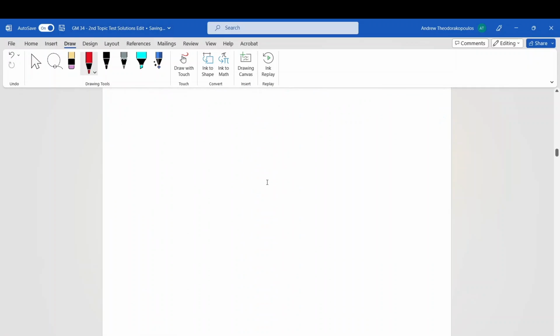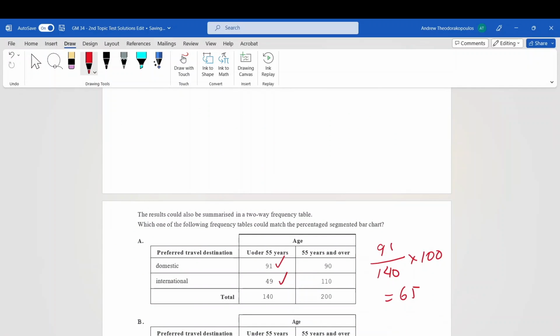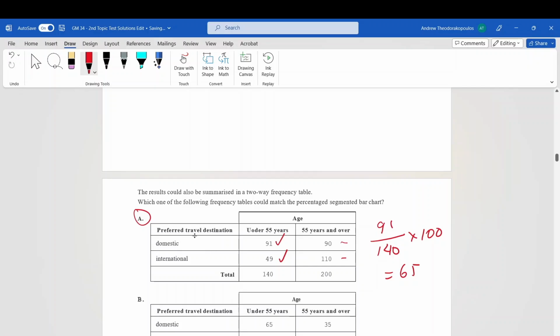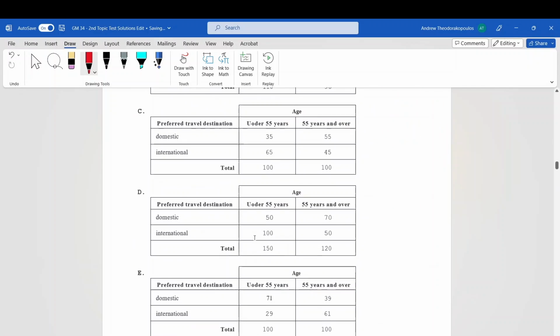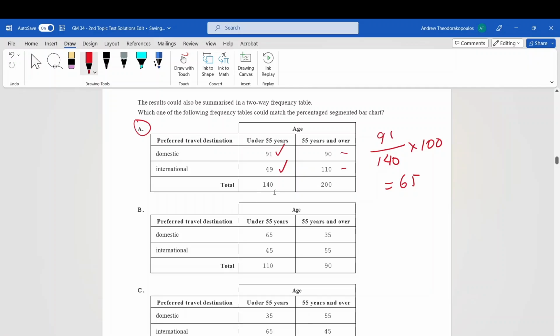So that one is correct. What you can then do is check this one, and hopefully you'll realize that A is the correct answer. Luckily for you, A is the first one. If E was the correct one, then you might have to go through all of these and check that they're wrong in order to make sure which one is the correct answer.